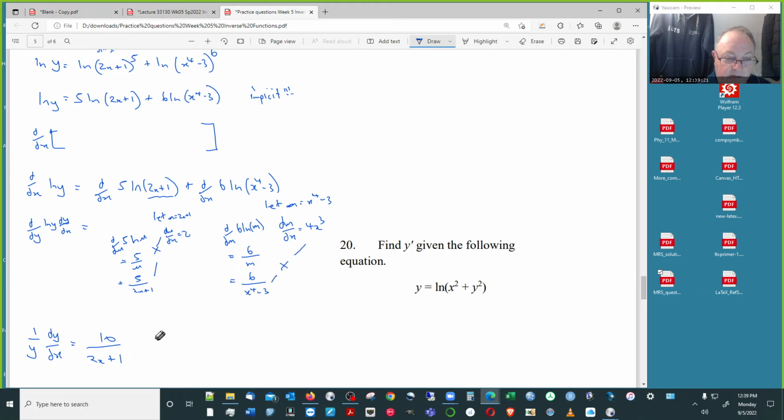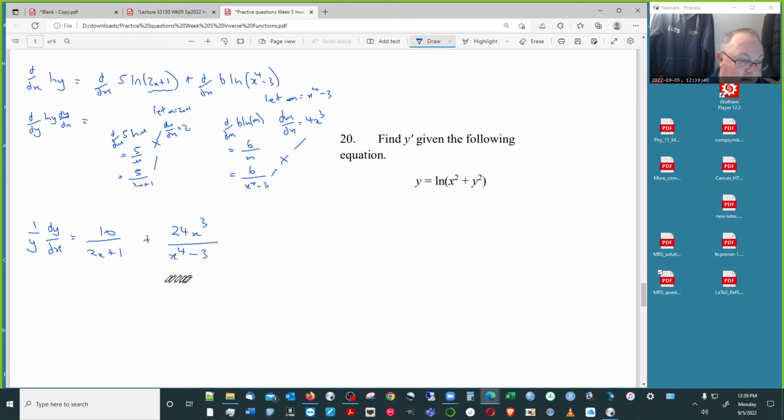Now what's that going to be, a plus or a minus? I think we're still sticking with the plus, aren't we? 6 fours are 24 x cubed. Okay, and we didn't have to do any implicit there, so all we've got to do is put the y across, which is multiplying both sides, and y itself was this thing.